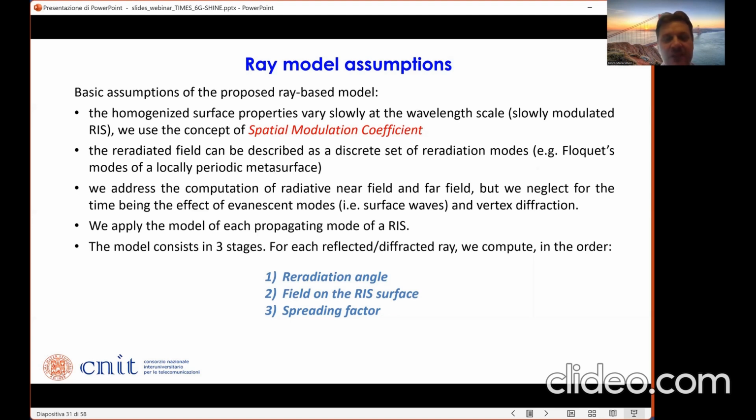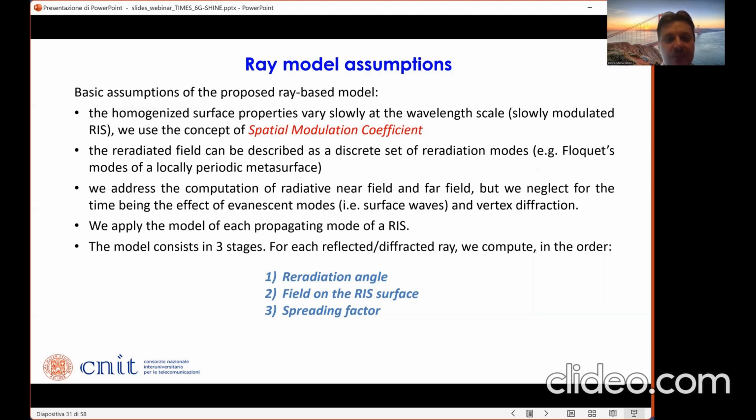The next assumption is that in general, the RIS will radiate a field which can be composed as a discrete set of different radiation modes. This is the typical case of locally periodic metasurfaces, which generate Floquet modes.